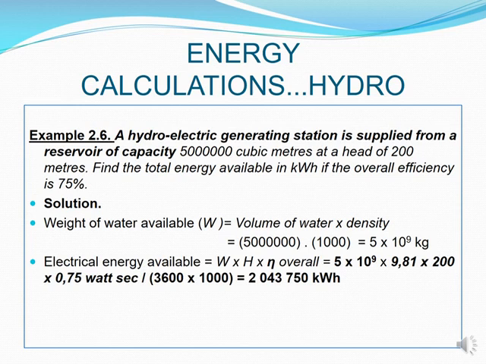Then we say the electrical energy that is available is equal to the weight multiplied by g, the gravitational acceleration, multiplied by the head in meters above ground level, and as the last step we multiply by our efficiency.